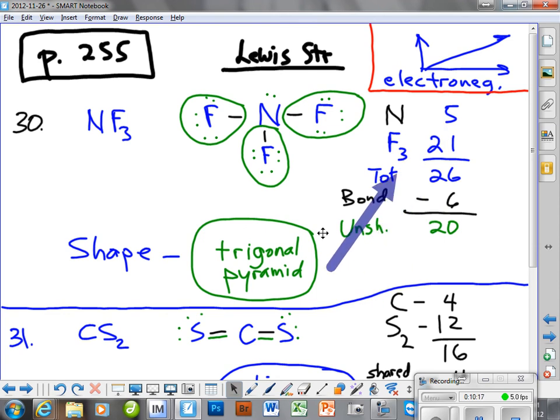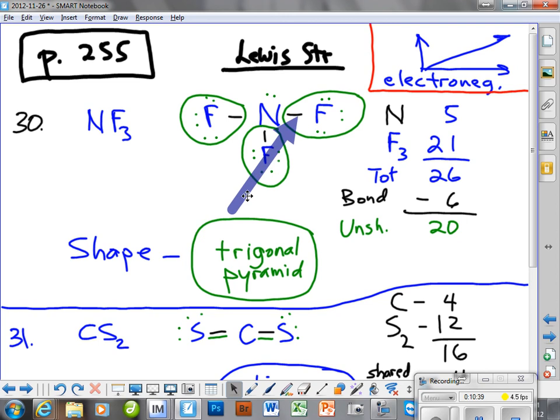We put 2, 4, 6 in the bonds, and we have to subtract that out from the 26. And that gives us our unshared pairs, which I did as the dots around the fluorines. And we had 20, so we had 6 unshared pairs on this guy, 6 on this guy, and 6 on this guy.